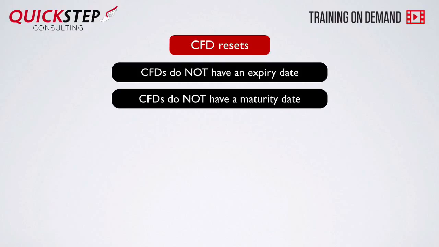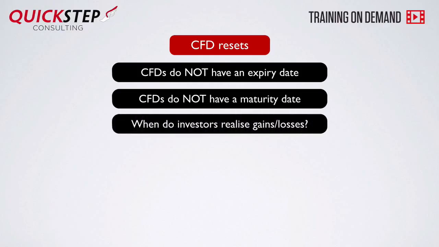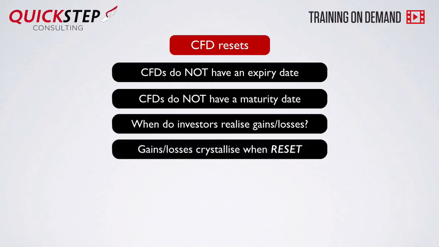CFD trading usually has a facility to allow the counterparties to receive some cash to reflect the gains made to date, or pay cash when losses are incurred. In other words, counterparties to CFD trades are usually able to crystallise gains and losses without having to wait for the position to be closed.